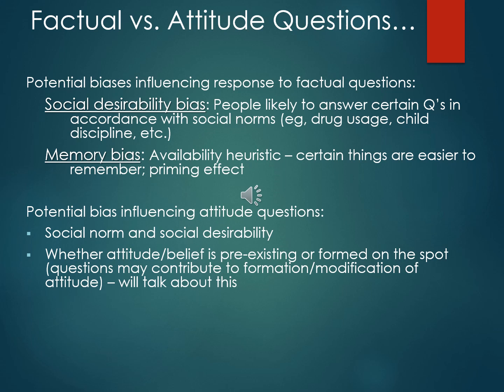Also, memory bias affects the accuracy of people's responses. For example, the availability heuristic indicates that certain things are easier to remember. These are the things you need to consider for factual questions.